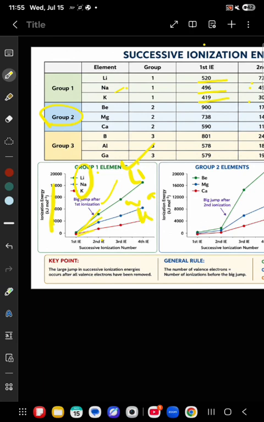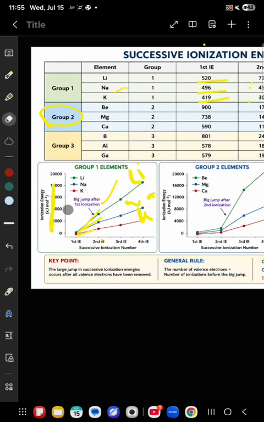Your examiner can give you such a graph and ask which graph represents lithium, which represents sodium, and which represents potassium. You can understand in just 1 minute that the highest is lithium, then sodium, then potassium, because down the group ionization energy values decrease.